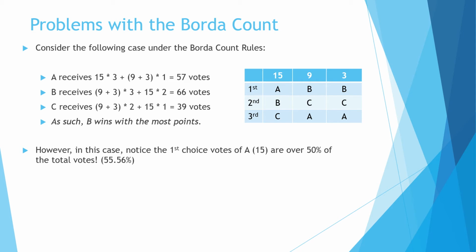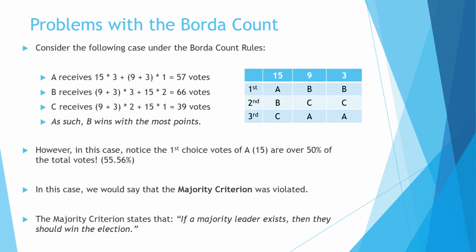And that's actually 55% of the votes, which kind of feels like a bad thing. In this case, we actually would say that the majority criterion was violated, which just says that if a majority leader exists, then they should definitely win the election. Like if you win by a majority, well, obviously you should win, right?